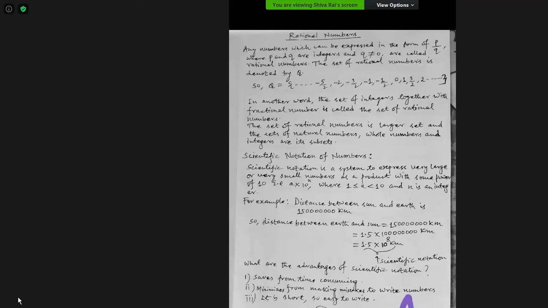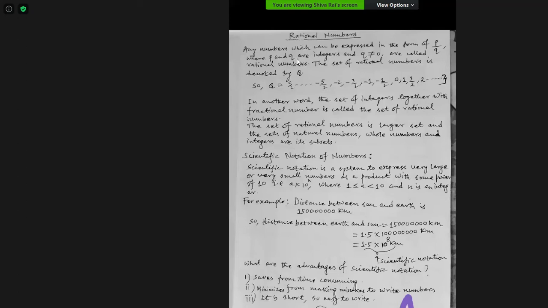In another word, we can define the rational numbers like this also. The set of integers together with the fractional numbers is called the set of rational numbers. Actually, rational numbers means the set of integers together with fractional numbers. Fractional numbers means 1 by 2, 3 by 2, like this.